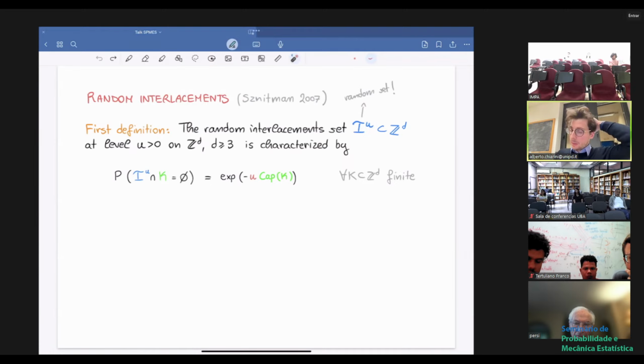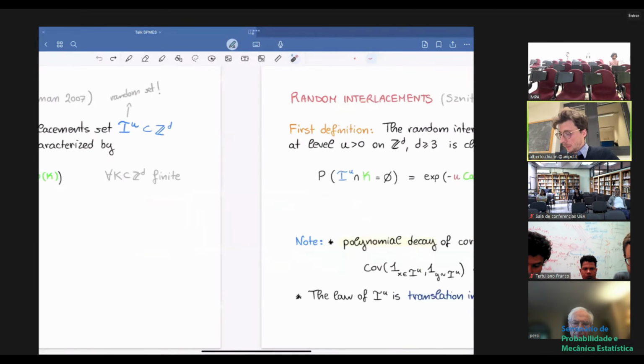So you see that this characterization comes exactly from this picture, that the random interlacements should capture the trace left by a random walk on the torus that runs up to a time u times the volume of the torus. Should capture this picture.